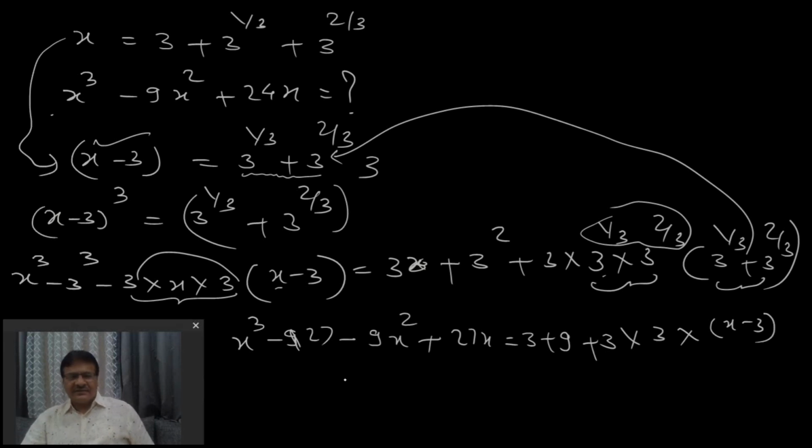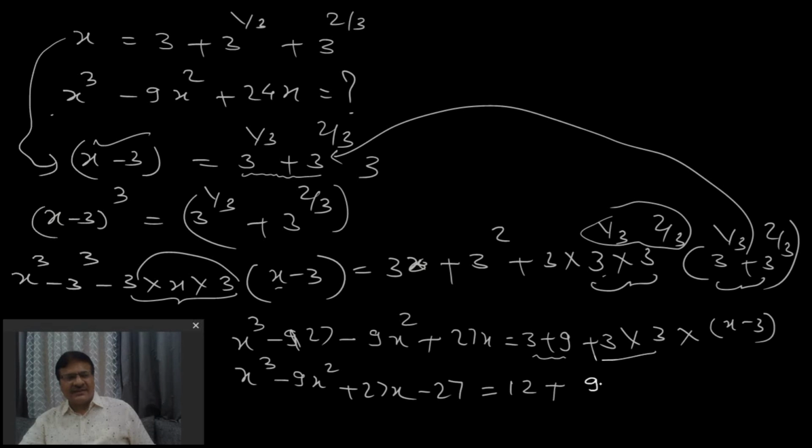Is there anything which is cancelling? Okay, no problem. So this is x cube minus 9x square plus 27x minus 27. Is it clear? This I have taken here, this minus 27, then 3 plus 9, 12, plus 3 3s are 9, 9x, minus 3 3s are 9, 3s are 27.